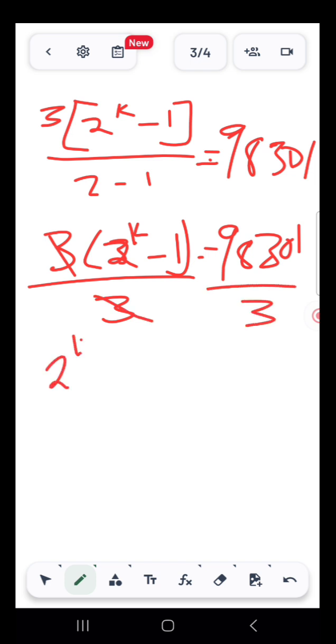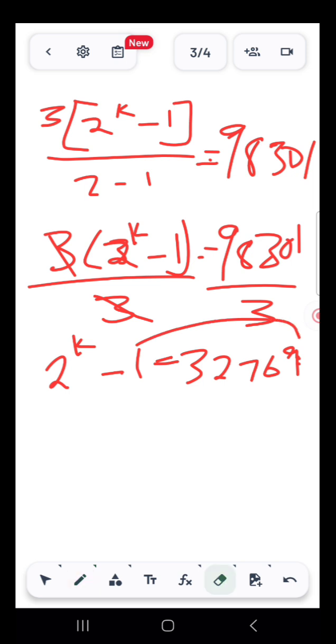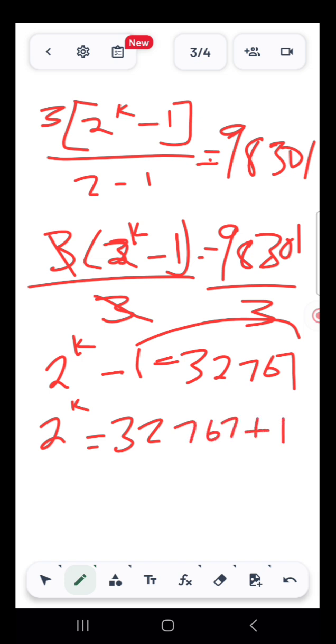Then we have 2 to the exponent of k minus 1, which will be equal to 32,767. Then we transpose the 1, so it's 2 to the exponent of k, which is equal to 32,767 plus 1. When it is transposed it changes sign. So we have 2 to the exponent of k equal to 32,768.